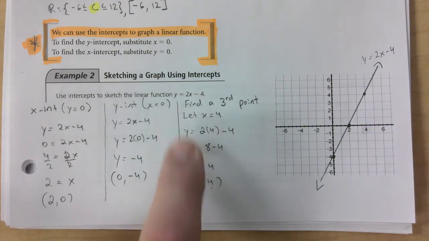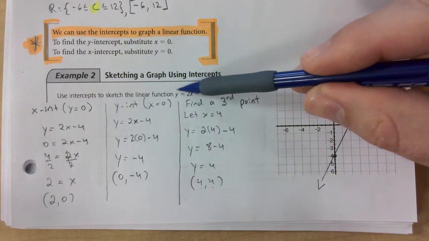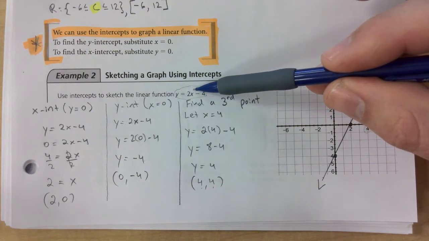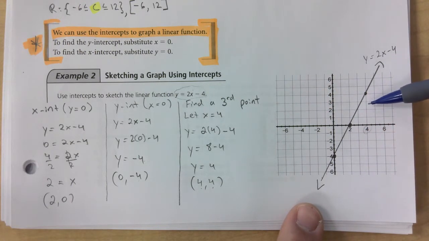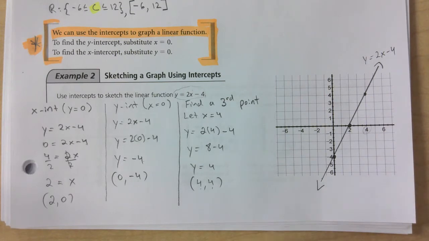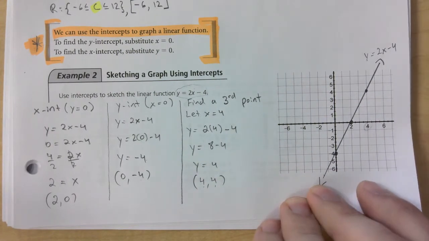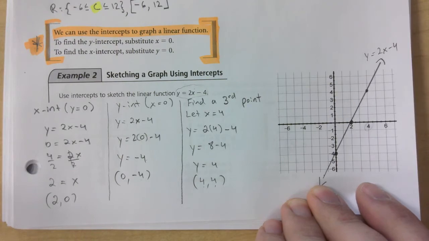The fact is that this is linear because the power of x is 1. You know it's linear. You know you expect something like this, right? We just don't know exactly where it's going to go. Okay, so that's how you graph with intercepts, and then using a third point as well.